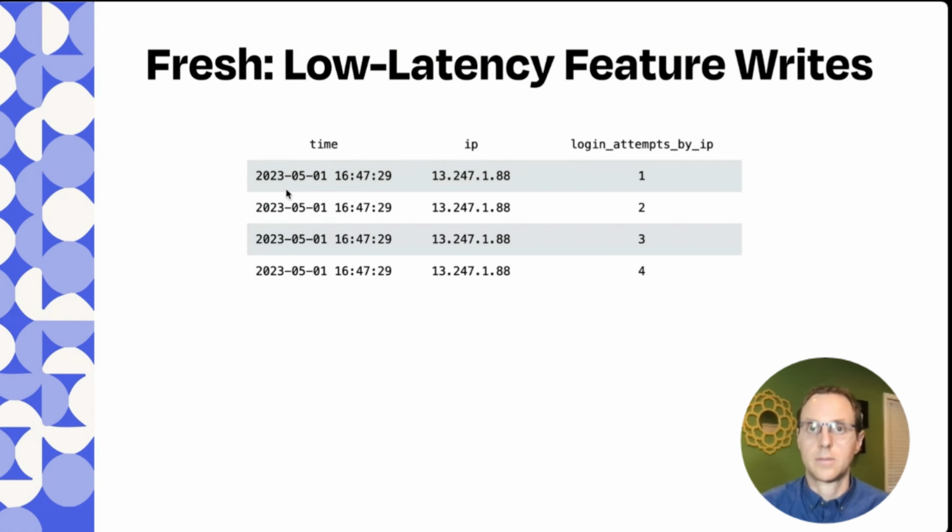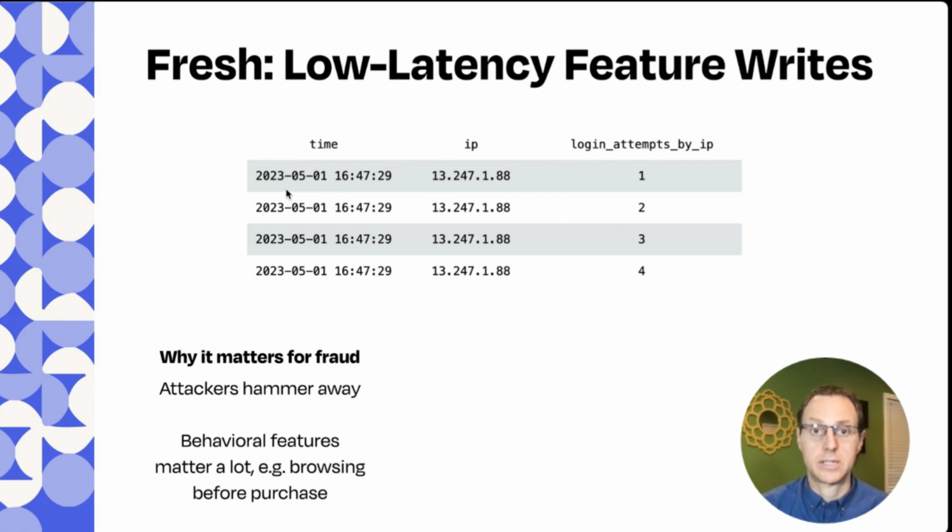Why this matters for fraud is that attackers will often just hammer away, and if the freshness is very stale, you may not be aware of it for minutes or even hours, which will cause you to miss quite a bit.